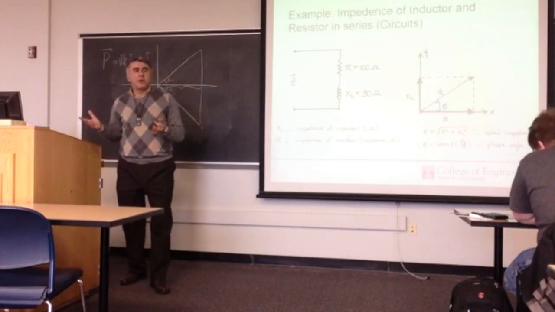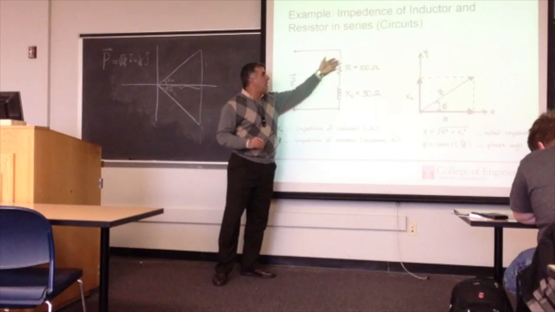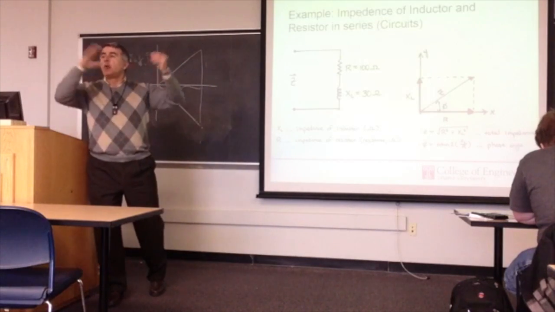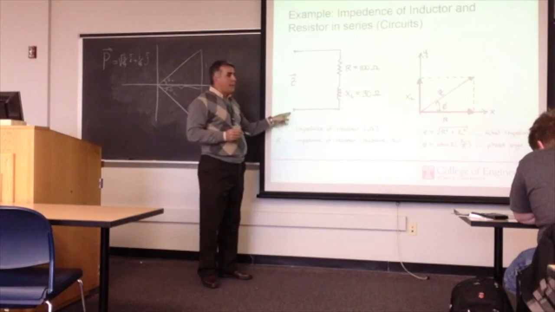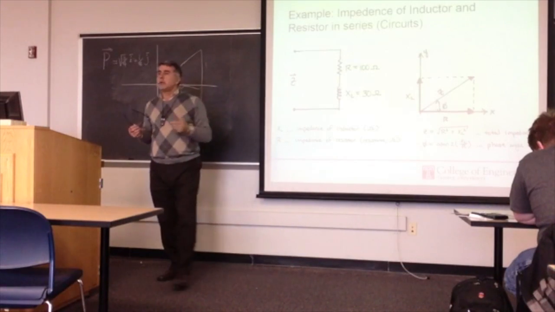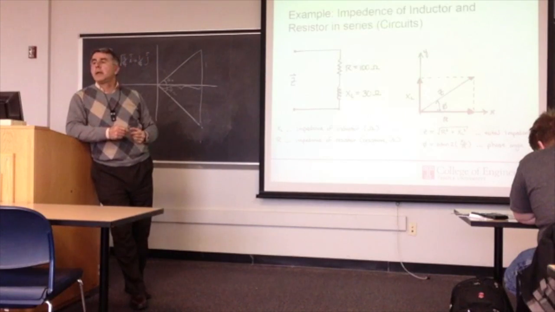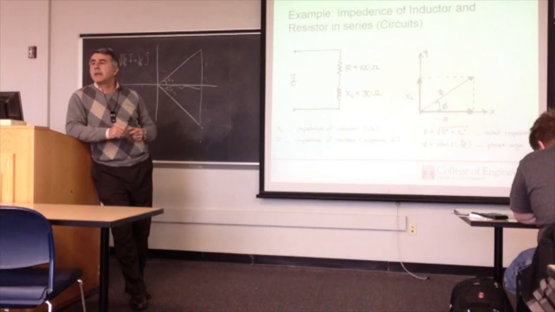Because what we are trying to do is, if you have an electrical circuit, you want to replace it with one simple unit representing all of them. Because if I then have a current through them, and I want to find the voltage, all I have to do is multiply the impedance and the current in order to find the voltage.